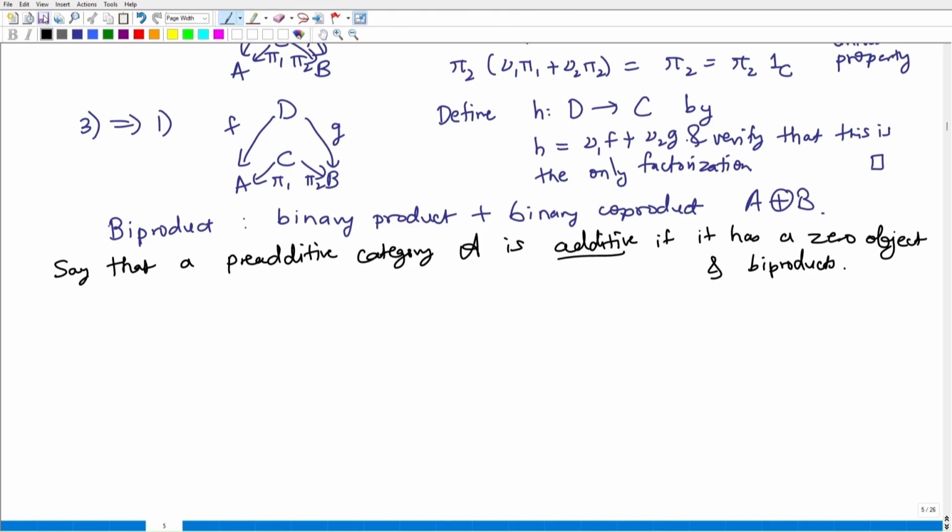Okay, so this is a definition. We are trying to add more and more limits and colimits. So an additive category has finite products and finite coproducts.